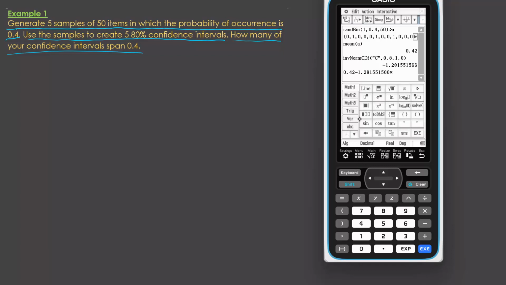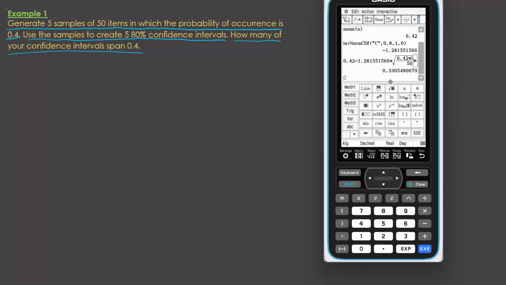So that is going to be the square root of 0.42 times 0.58, which is 1 take away 0.42, divided by 50, because there were 50 items there.